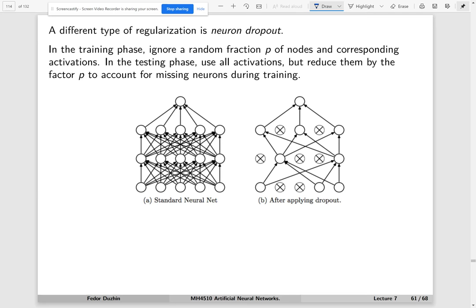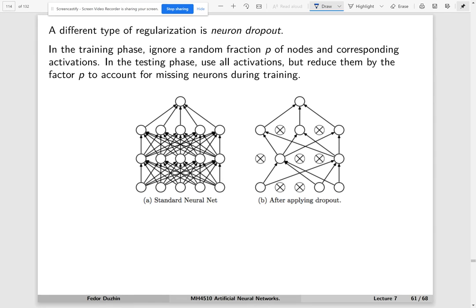Now, since we are randomly removing some neurons, this operation is going to prevent the final output from being too dependent on a particular neuron, because sometimes it's going to be switched off during the training phase, right? For some training examples, it's going to be on.